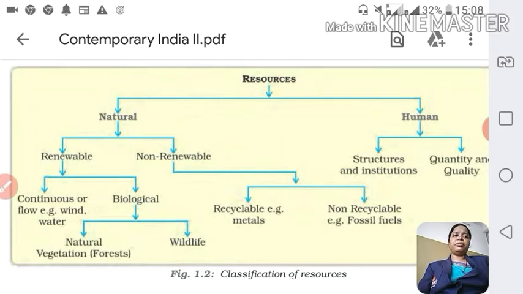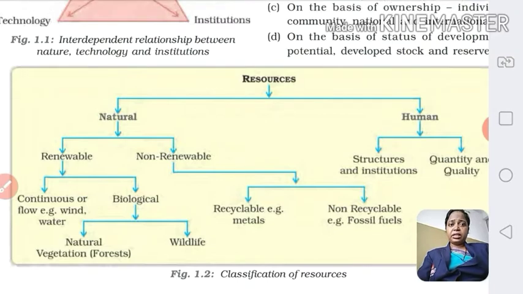Normally the resources are being divided into natural and human resources, the renewable and non-renewable resources, the structures and institutions, the quantity and quality. The structures and institutions, quantity and quality are subdivided into the human resources, and the natural resources are subdivided into the renewable and non-renewable resources.